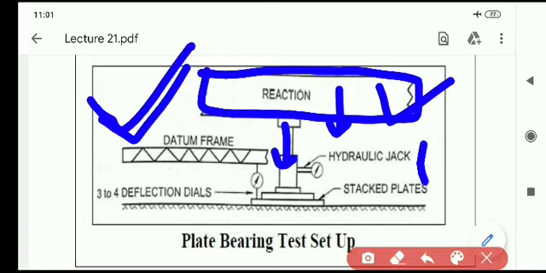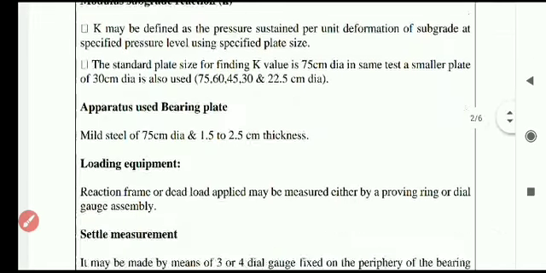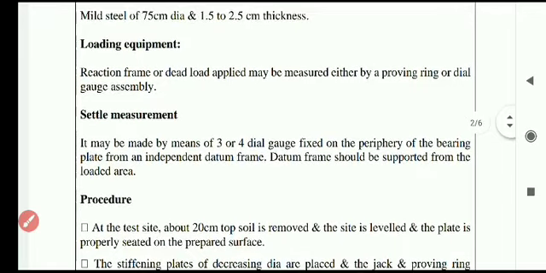Next one. Settlement measurements may be made by means of 3 or 4 dial gauges fixed on a periphery of the bearing plate from an independent datum frame. Datum frame should be supported from the loaded area.